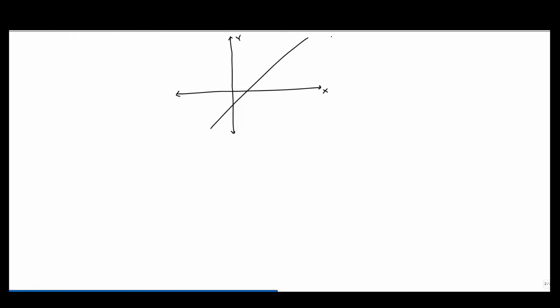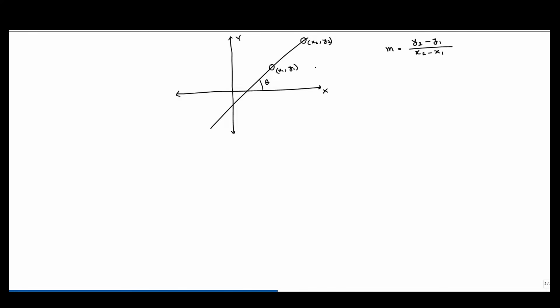Now again we consider the x-axis and y-axis and some straight line which makes an angle theta with the positive x-axis. Suppose we consider two points on this straight line: one is x1 comma y1 and another point is x2 comma y2. We know that the slope of this straight line is y2 minus y1 by x2 minus x1.